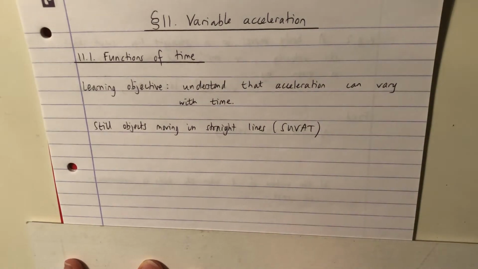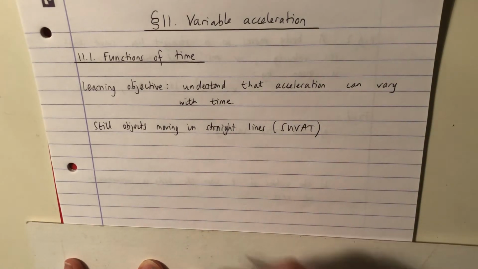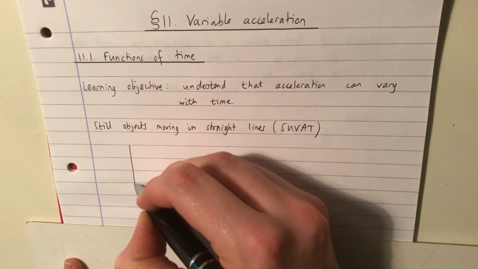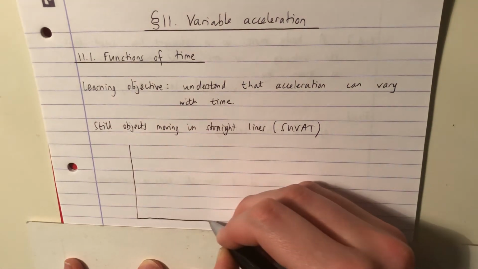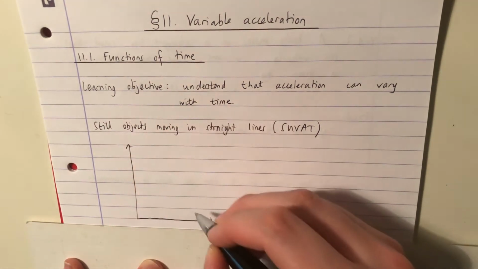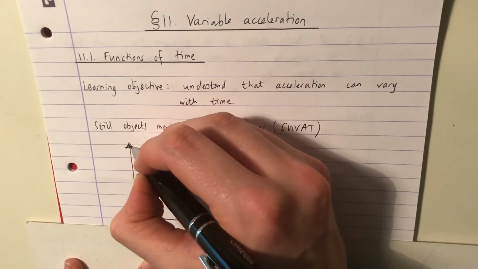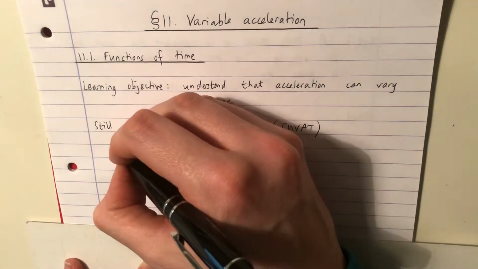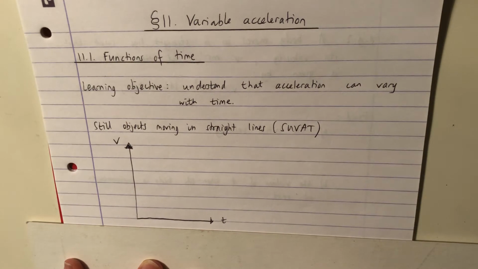But the thing is now, for Suvat, if I drew a velocity time graph, a VT graph, time against velocity, if you remember, for a velocity time graph, acceleration was the same as the gradient.